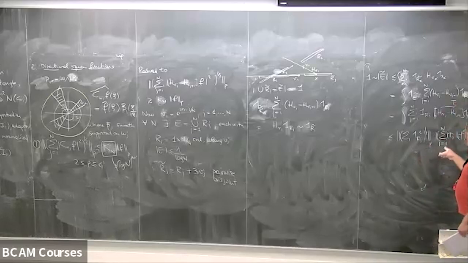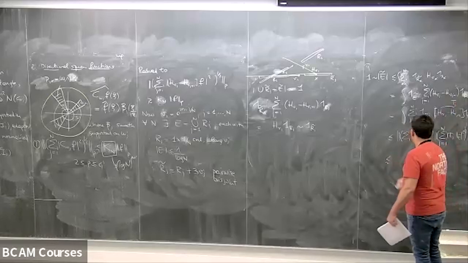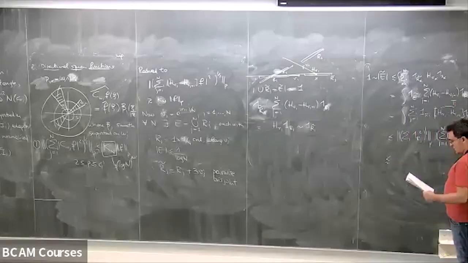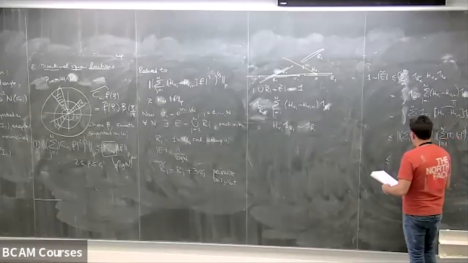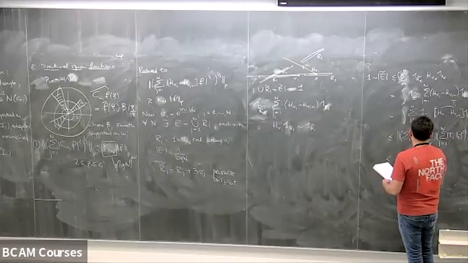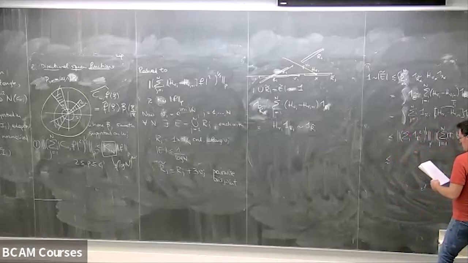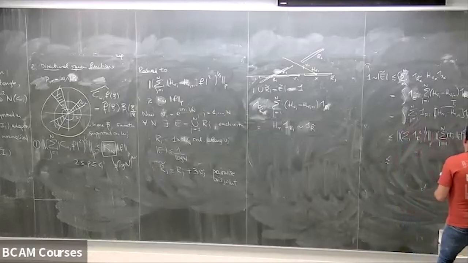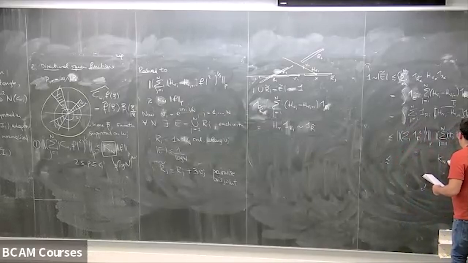Okay. I applied the square function bound now. And what is this? This is K_n P E tilde.